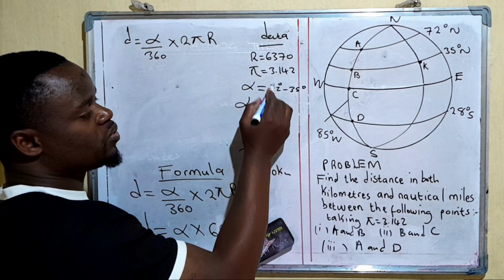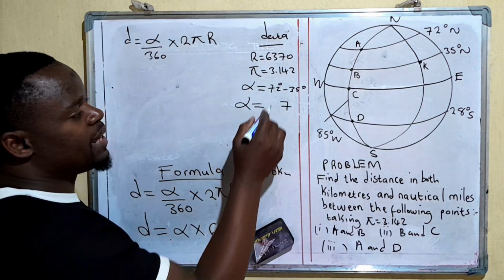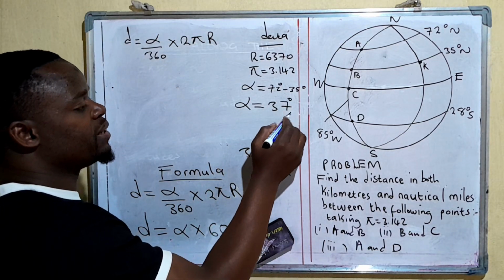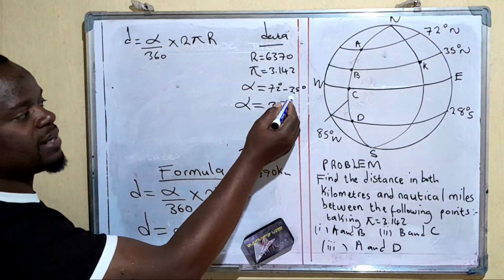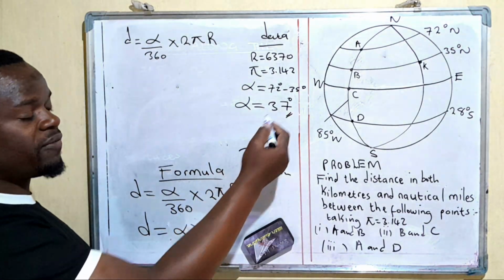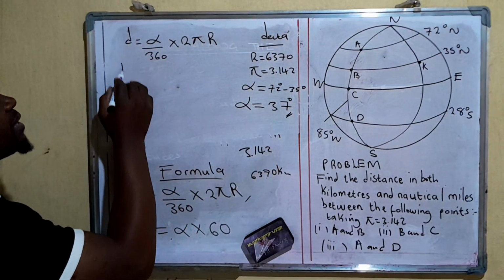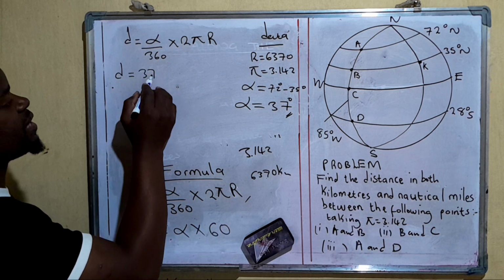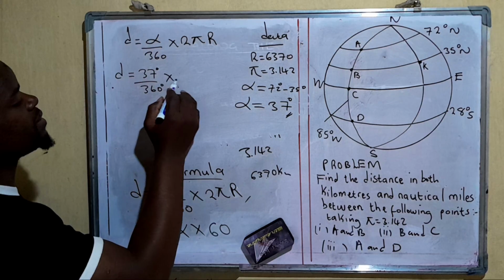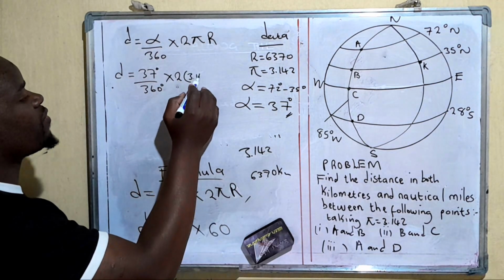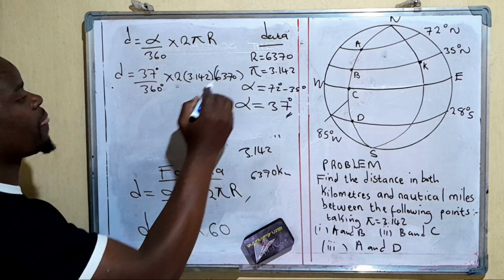I've actually subtracted 35 from 72 and I found 37 degrees. So here we know we're going to have 37, so you can say distance is equal to 37 degrees over 360 degrees times 2 times 3.142 times 6370.